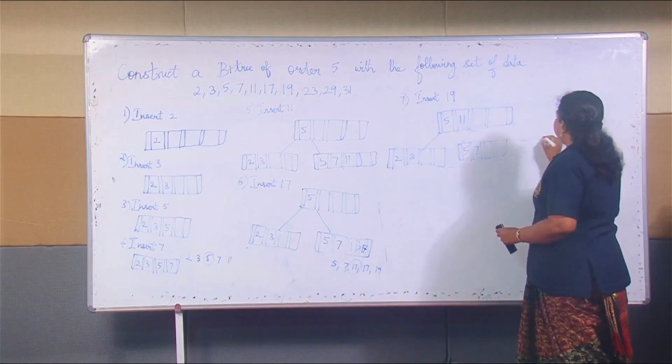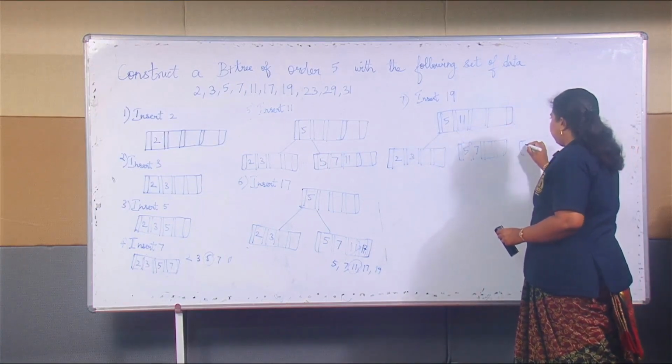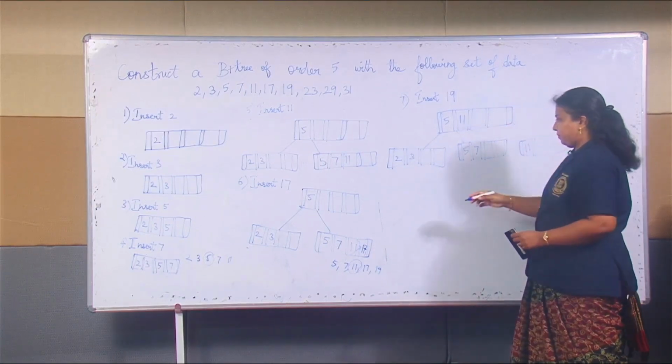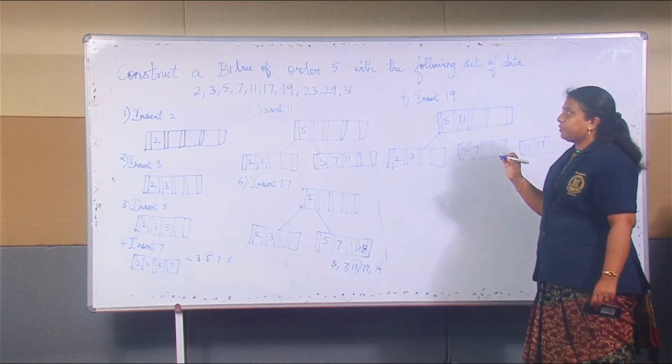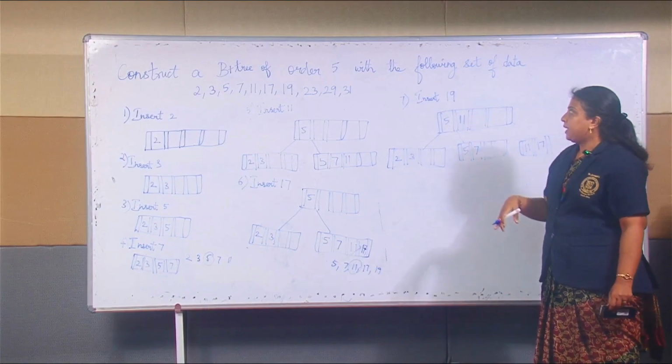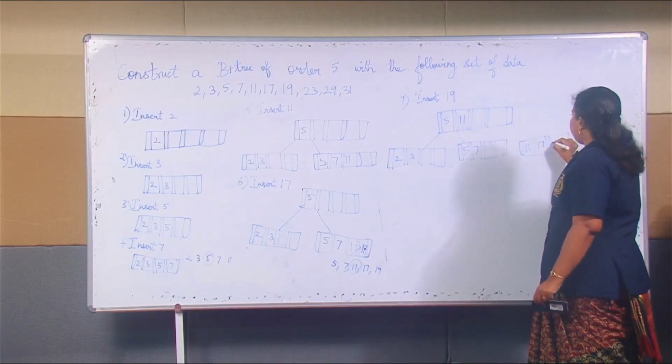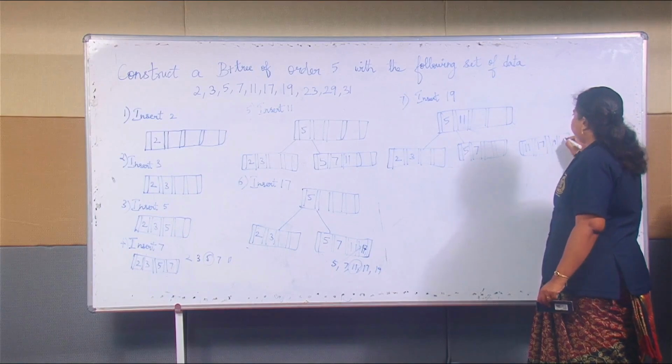On the right hand side of 11, 11 should be repeated, followed by 17, and after 17 we insert 19, which can be placed here.